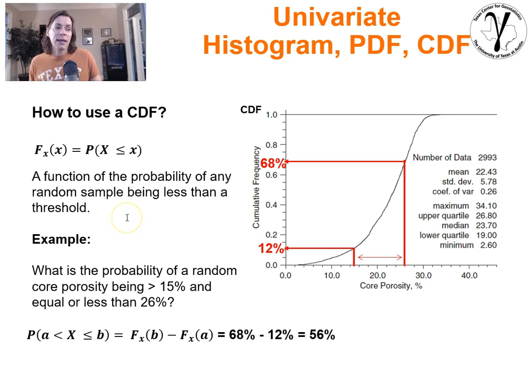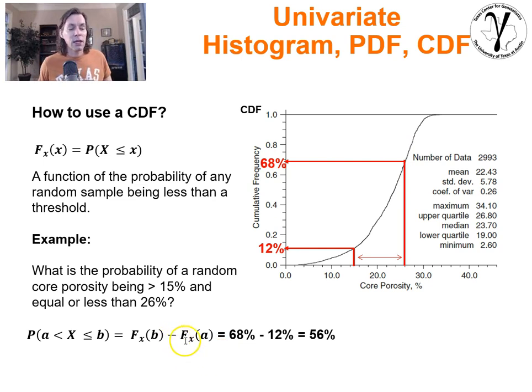We can also use it to calculate the probability of falling within an interval. And so this is pretty cool. We can say, what's the probability of being between about 26% and 15% porosity? And the way we solve for that is we simply calculate the cumulative probability of the upper, which was the 26% porosity, and that's 68%, right here, 68%.